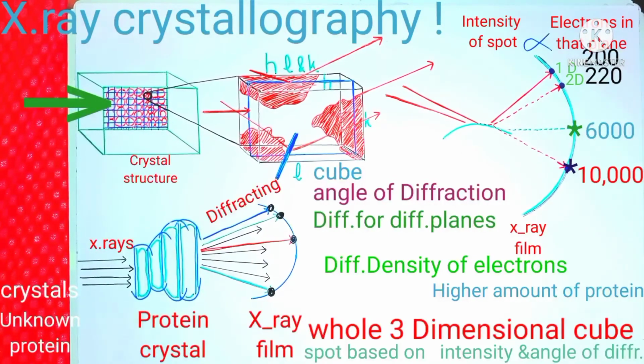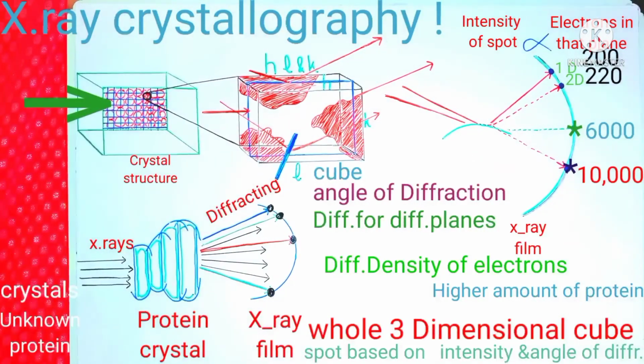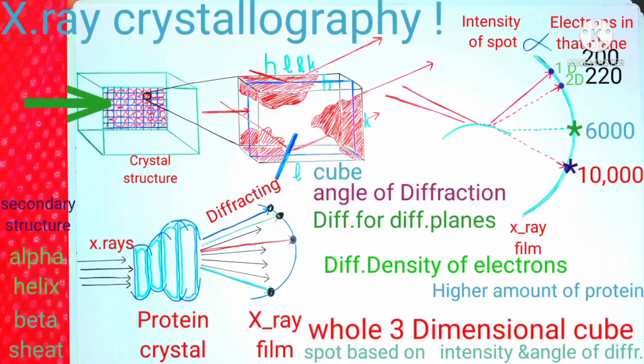Now we correlate the data of the electron density along with the appropriate structure of the protein. A protein consists of its secondary structures, that are alpha helix or beta sheet. There could be beta turns and loops. So again, with the help of a series of experiments, we know which kind of electron density map corresponds with the alpha helix and which kind corresponds with the beta sheet.